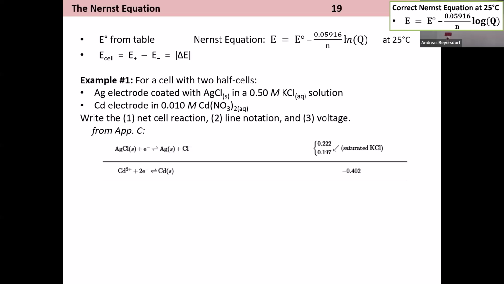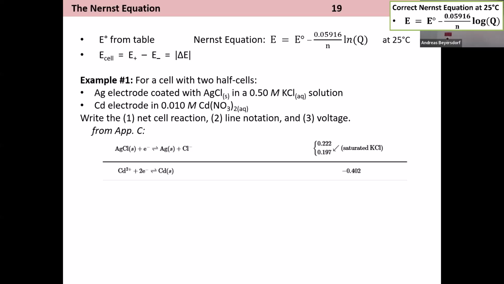Because I'm doing it for the anode. We're going to do it for the anode and the cathode, right? So I'm going to do this for the anode, then you guys are going to do it for the cathode.